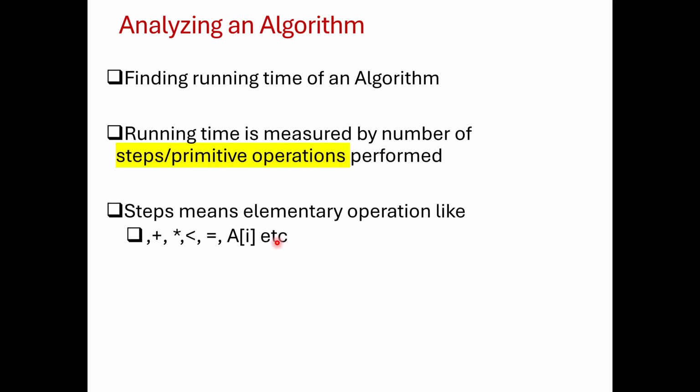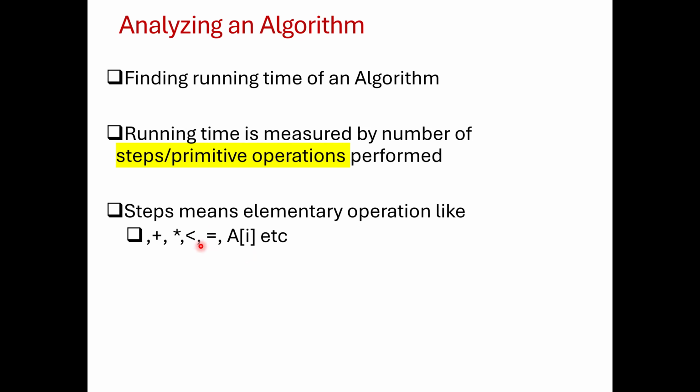And when we say steps or primitive operations, what are we talking about? We should know them: addition, multiplication, less than, assignment, subscript, any operation. So, for instance, if your algorithm has 10 addition operations, then we have to count all 10 addition operations. If your algorithm has 100 assignment operations, it means we have to count all the 100 assignment operations.